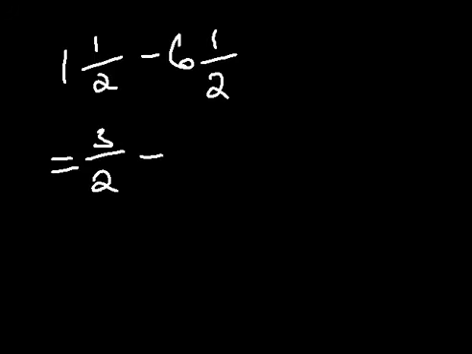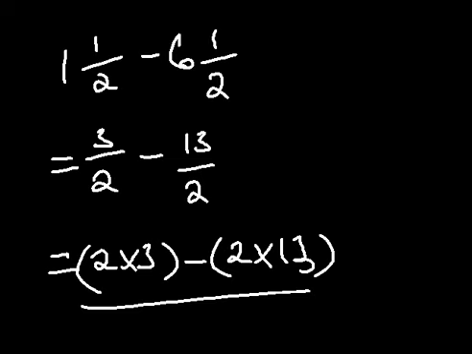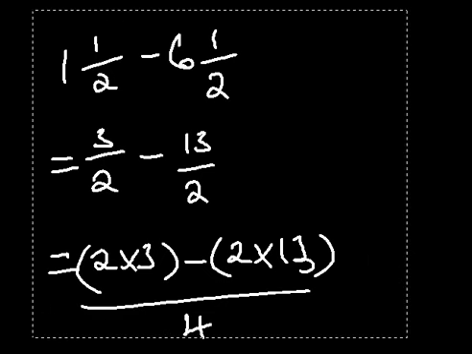For the other, 2 times 6 is 12, plus 1, so 13 over 2. Now using the butterfly method, we have 2 times 3 minus 2 times 13, divided by 2 times 2, which is 4. So that's how you can add or subtract fractions using the butterfly method.